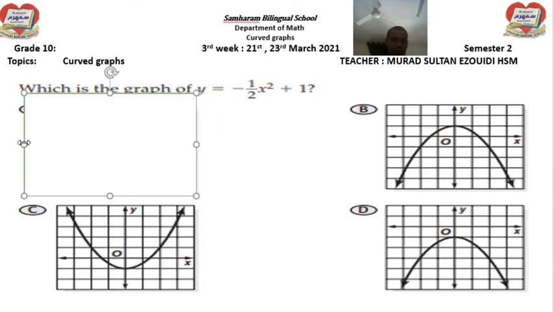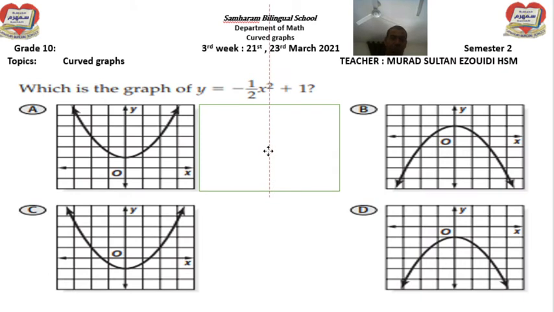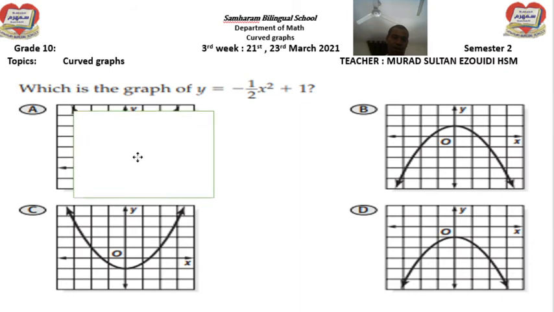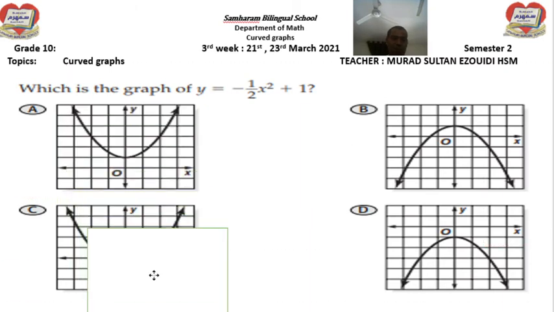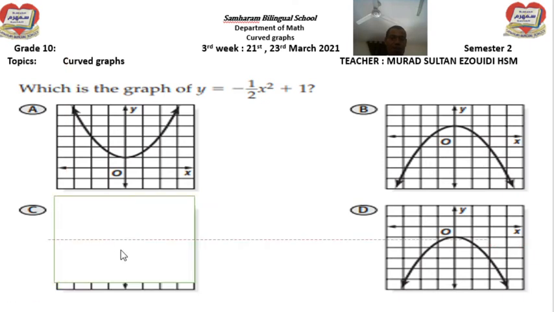Why, my learners? Simply because it opens upwards, and the coefficient negative 1 over 2 is negative, so you can't use this. The second one also opens upwards, so this one is false.